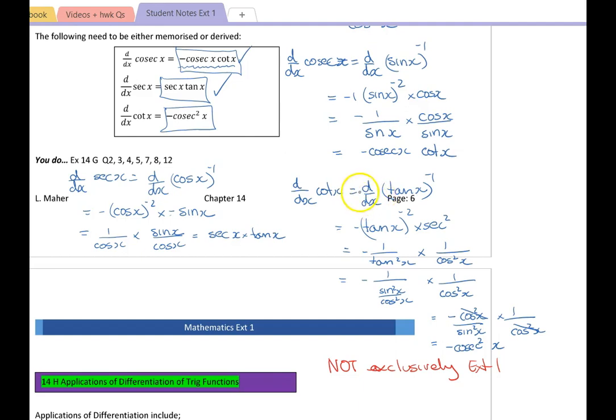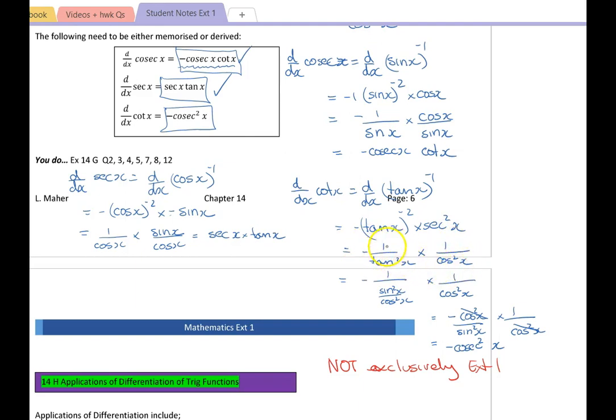d dx of cot, which is tan to the minus 1, is minus tan to the minus 2, times the derivative of tan, which is sec squared x. And minus tan to the minus 2 is minus 1 over tan squared. And sec squared is 1 over cos squared.